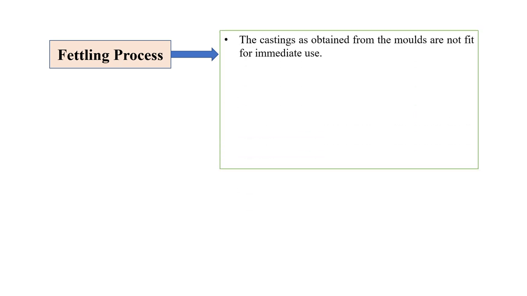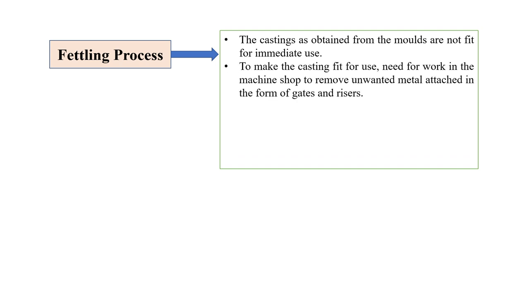The casting is not suitable for immediate use. Castings as they come out of the molds are not fit for immediate use. To make the casting fit for use, work is needed in the machine shop to remove unwanted metal attached in the form of gates and risers. The gates and risers should be removed by a cutting operation.